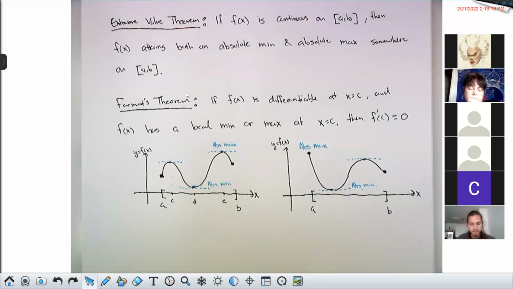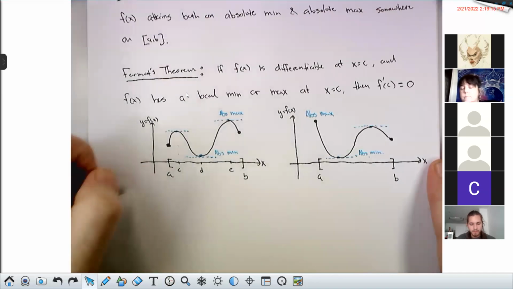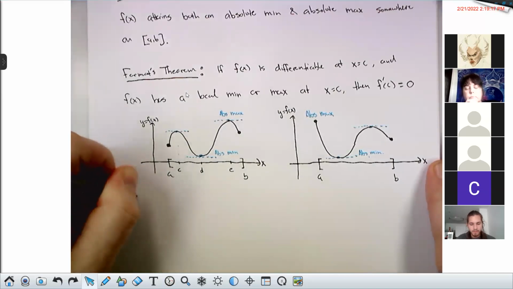What this does is it prescribes an algorithm for finding the absolute min and absolute max. This is called the closed interval method.